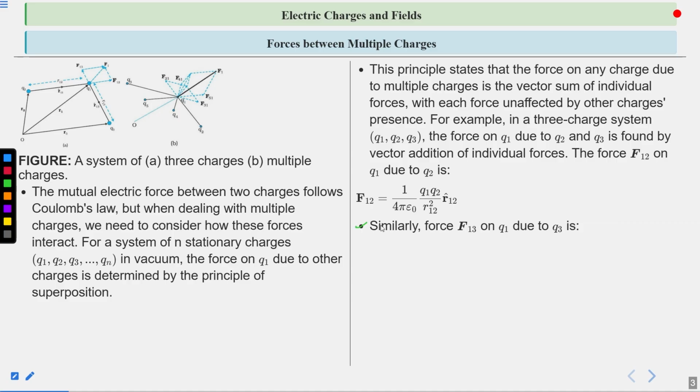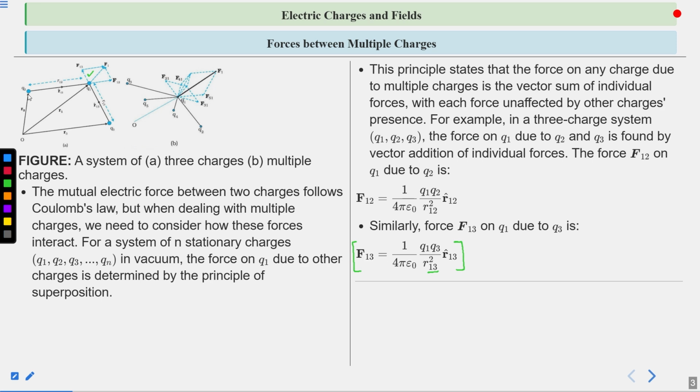Similarly, the force on charge first due to charge 3, on Q1 due to Q3, is F13 equal to 1 upon 4 pi epsilon naught Q1 Q3 divided by r square 13, r cap 13. So the r cap denotes the direction of the force. Look here. We first find the force on charge first due to second.